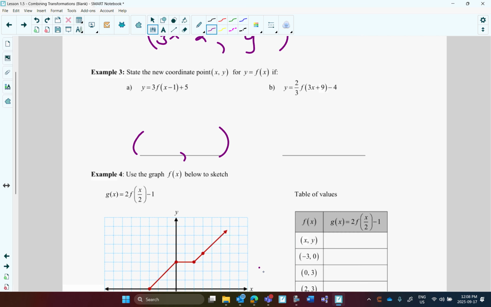The order really doesn't matter. We can still do the stretches first, but it's not really going to impact the mapping notation. So what's this going to do? X or Y, and what's it going to do to it? Y. Y times 3, or 3Y.